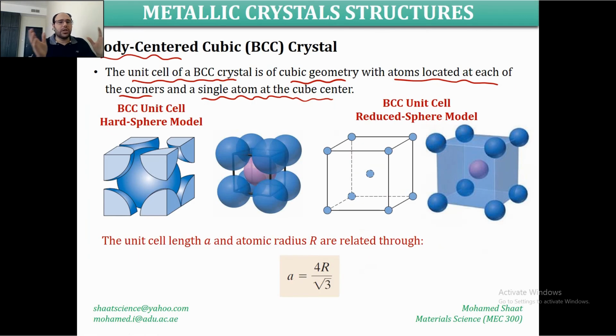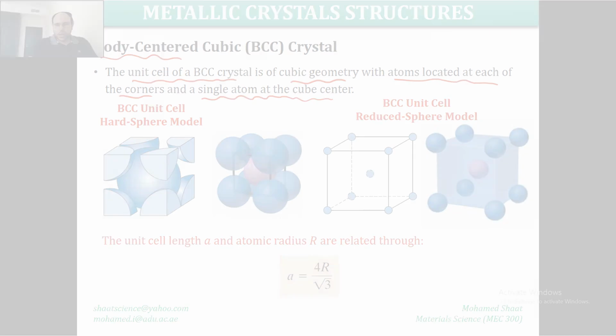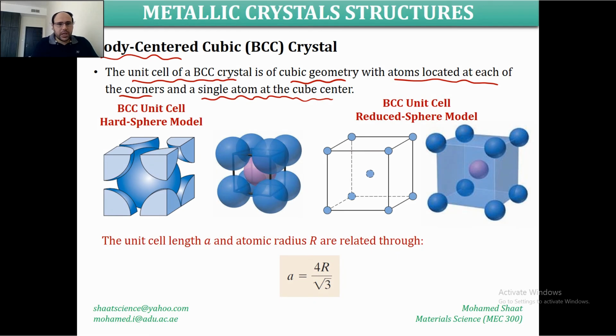Now let us move to the BCC crystal structure, or the body centered cubic crystal. For the BCC crystal structure, it's going to be much easier because we understand how it works, so we're just going to focus on the differences. In the BCC crystal structure, the unit cell has a cubic geometry like FCC, and atoms are located at every corner, shared between 8 cells, exactly like FCC, nothing new.